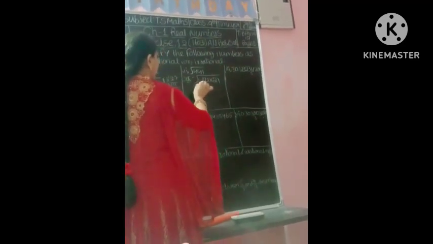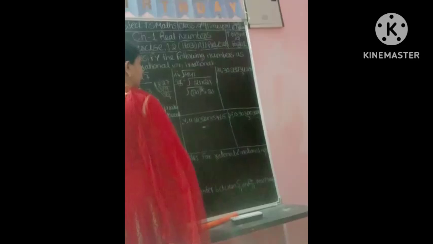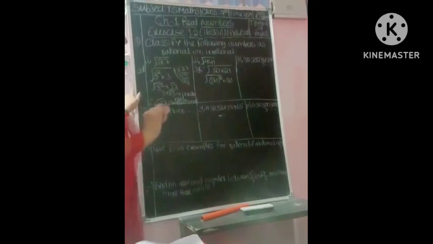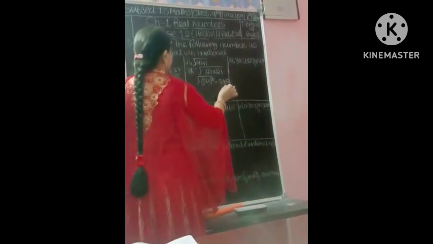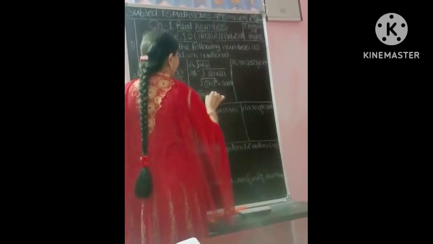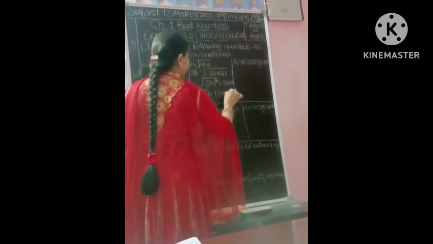So the root and the square are cancelled. We will get 21. Is 21 a rational number or an irrational number? This is a rational number. So 21 is a rational number. Therefore the given number is a rational number.